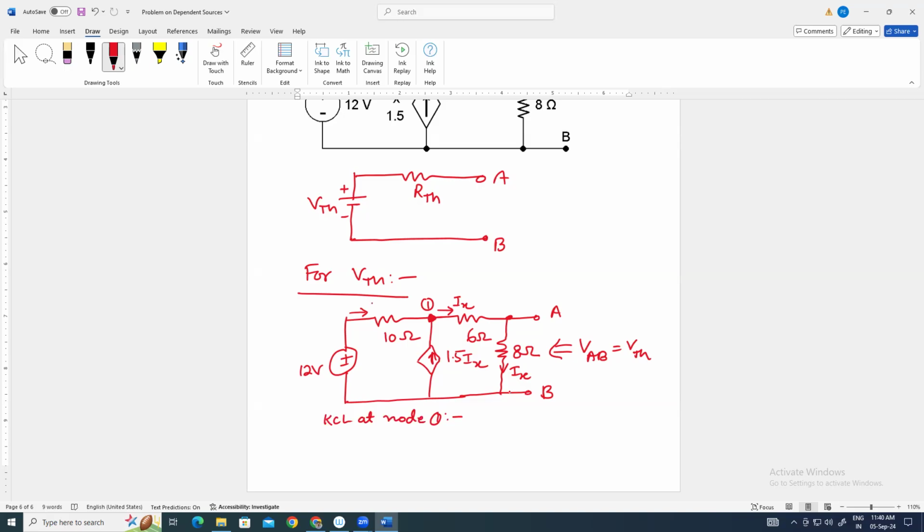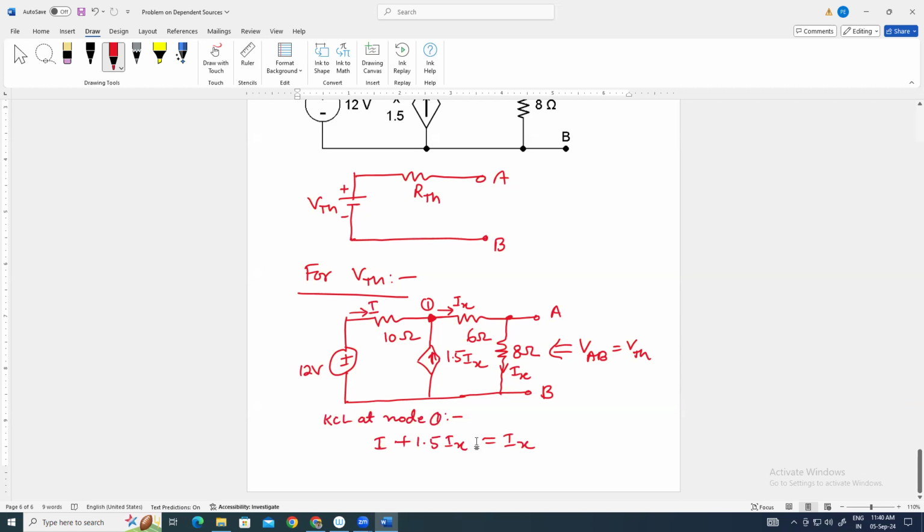यहाँ पे करंट हम असयूम कर लेते हैं I. This is incoming current, this is incoming current: I plus 1.5 Ix is equal to Ix.